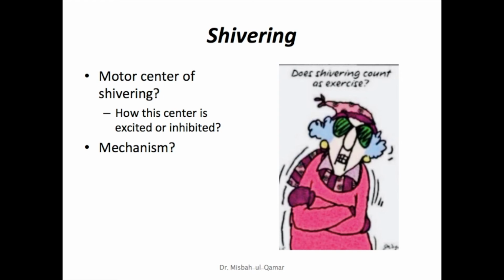When these anterior motor neurons are excited, increased muscle tone results due to their overactivity. So you can say that shivering starts as a result of feedback oscillations of the muscle spindle stretch reflex mechanism. So that was the mechanical thermogenesis.